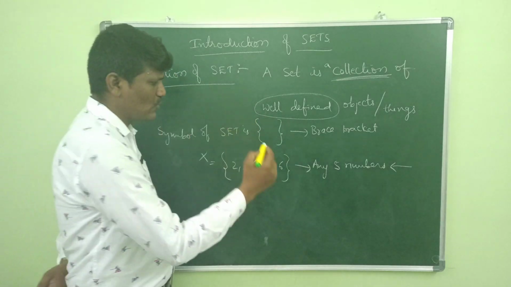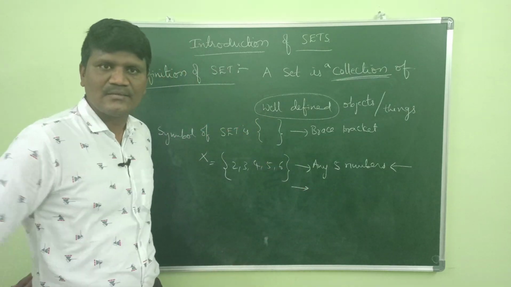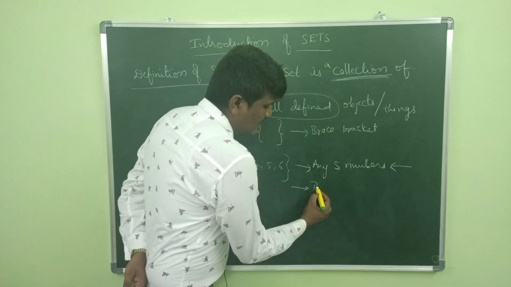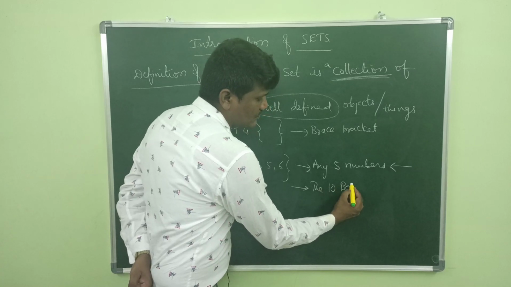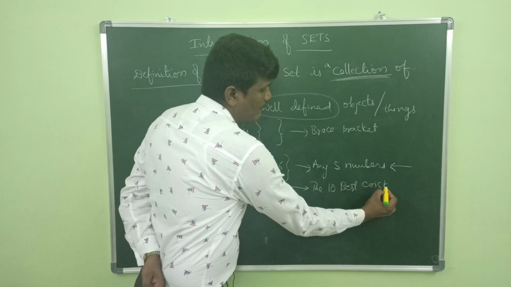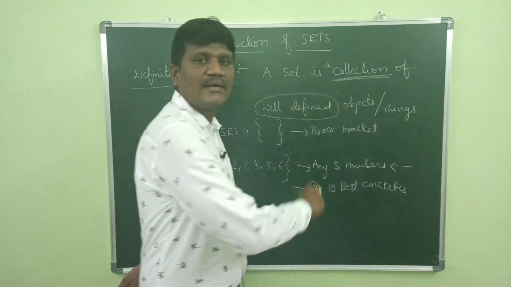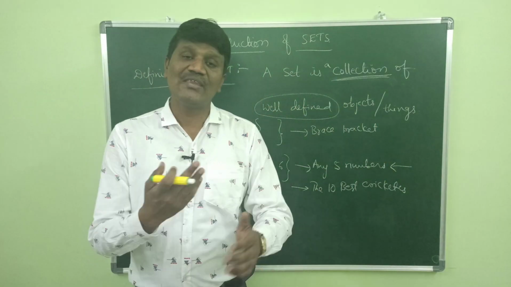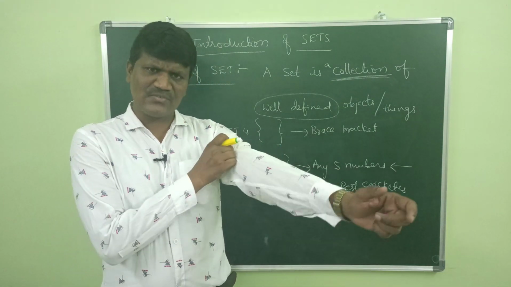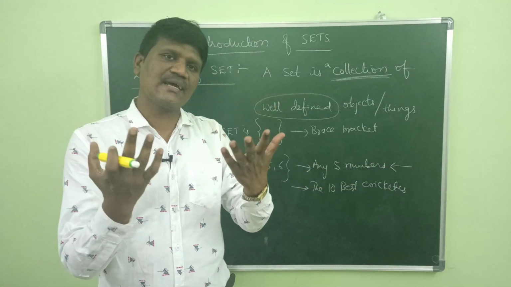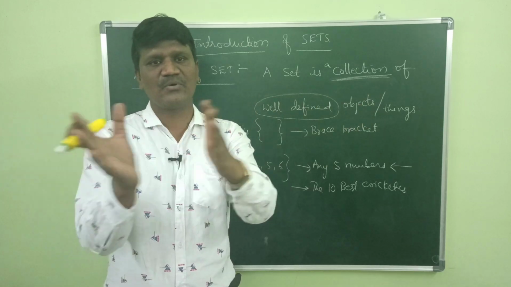Suppose I ask one more set: write the 10 best cricketers. Is there any definition for this? Is it well defined? Because the best cricketers may vary for different persons.